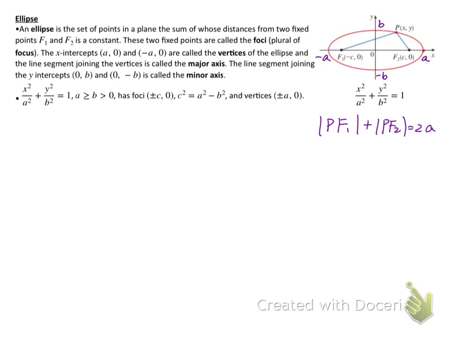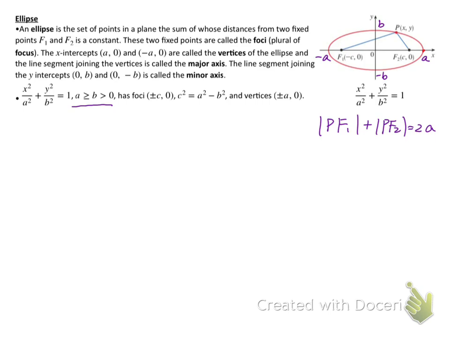And when the right hand side is 1, you compare the two denominators, the square roots of the two denominators. The higher one has the major axis, and the lower one has the minor axis.